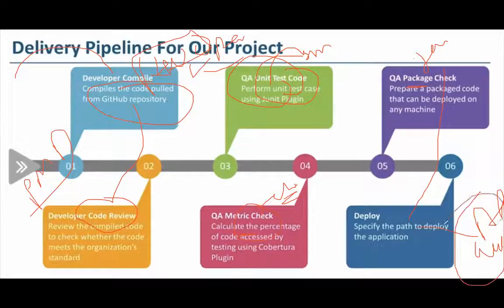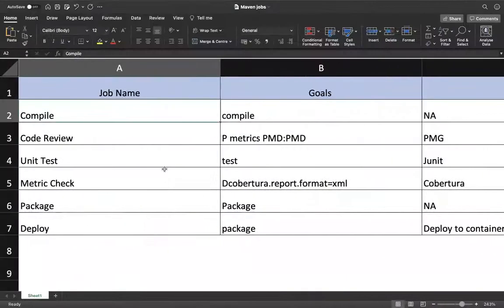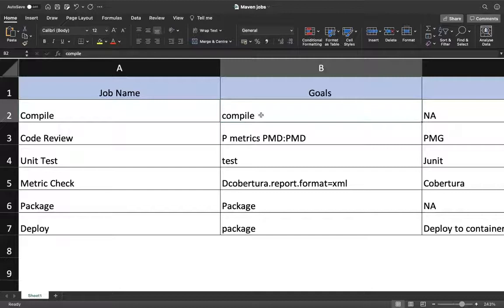That is the sequence. But each job has its own plugin. I will show you that. You can see, this is a job name, and we need to set up the goal. Could you remember that when I was explaining the Jenkins job architecture, I was telling that the goal is very important, and based on the goal, you need to install the plugin, and your output file will be there.